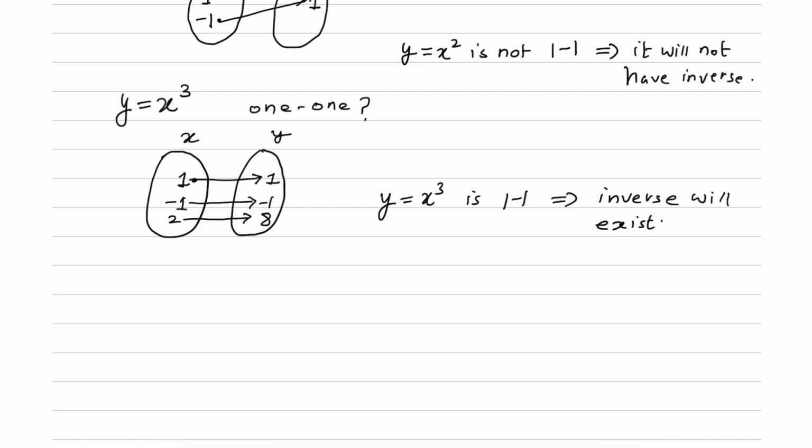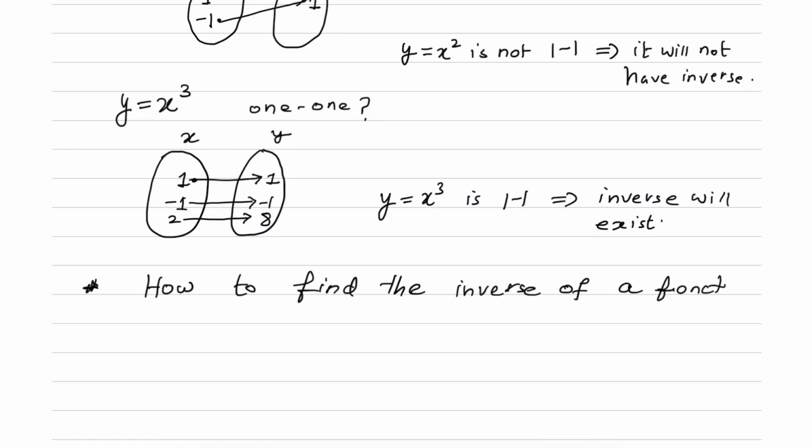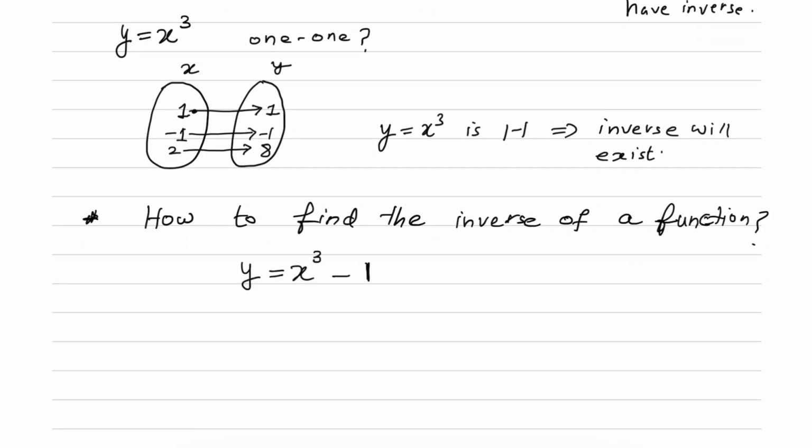Let's try to find now how to find the inverse of a function. Let's take the example y equal to x cube minus 1 to find the inverse of this function.